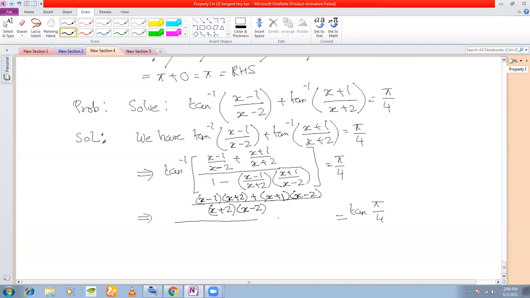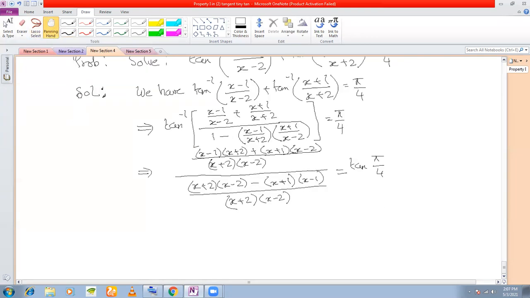In the denominator, you'll get (x plus 2) into (x minus 2) minus (x plus 1) into (x minus 1), divided by (x plus 2) into (x minus 2), right? This is what you're going to get.